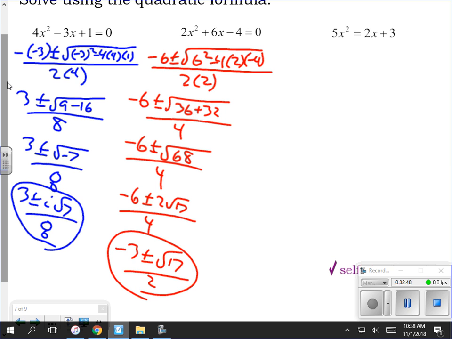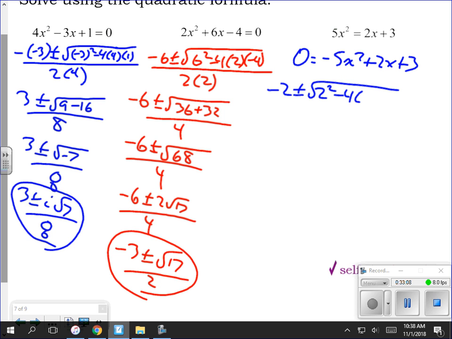And last one on here. I have to move the 5x squared over. 0 equals negative 5x squared plus 2x plus 3. And so I have minus b plus or minus the square root of b squared minus 4 times a times c all over 2 times a.